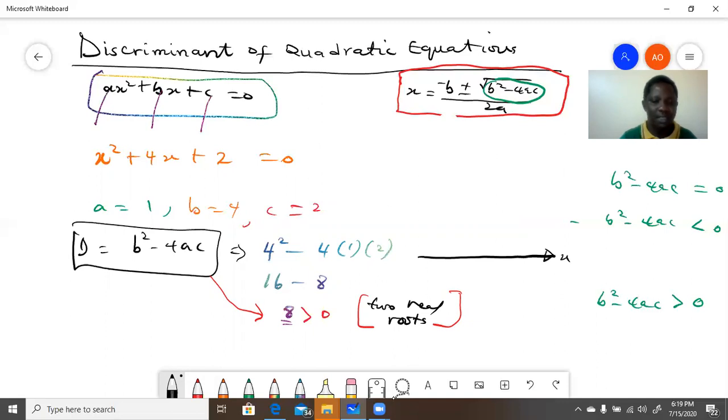Because a in this function is positive 1, it's going to face up. So we are going to have two real roots, and it's going to be like this. These are the two real roots. So the graph will look like this for this quadratic equation.